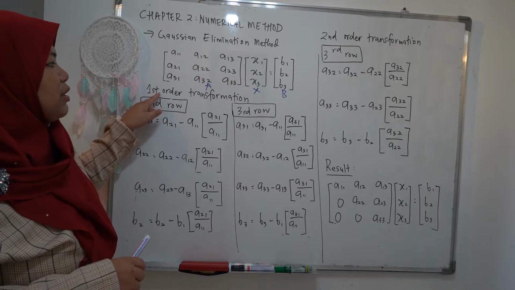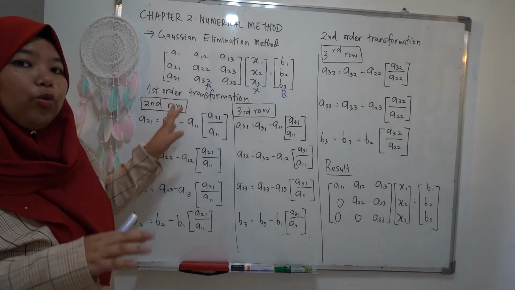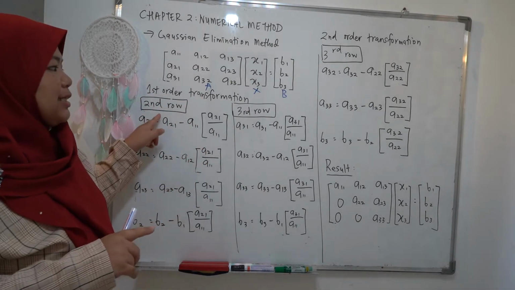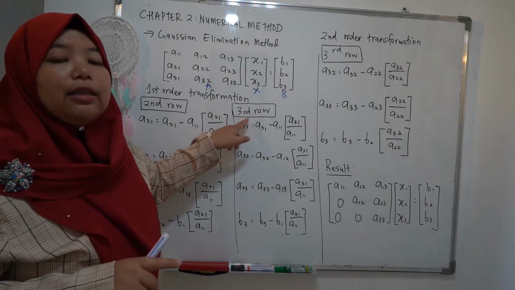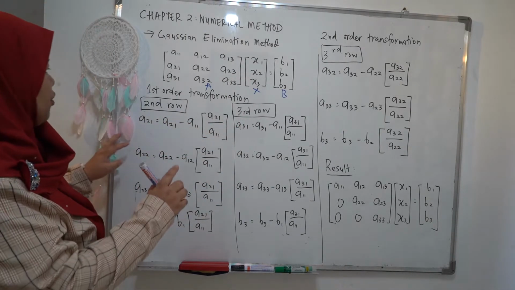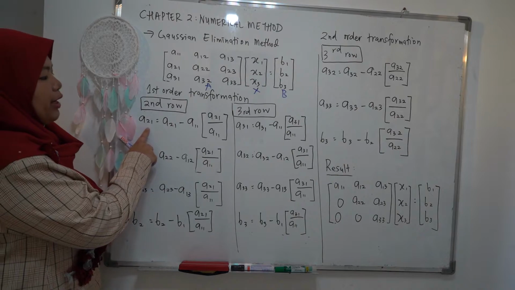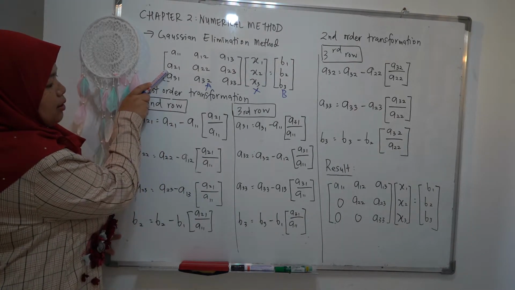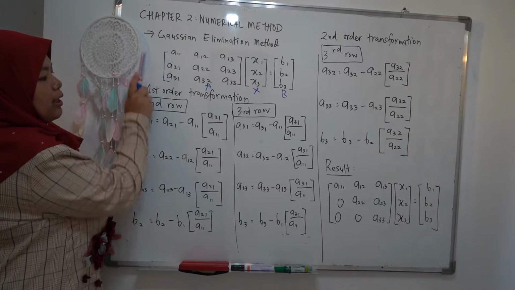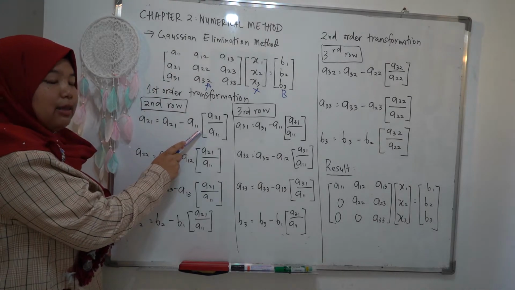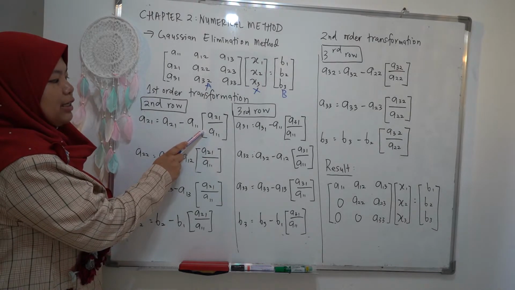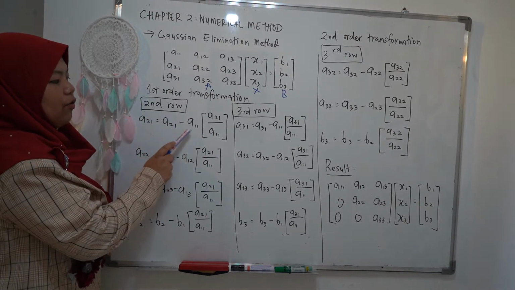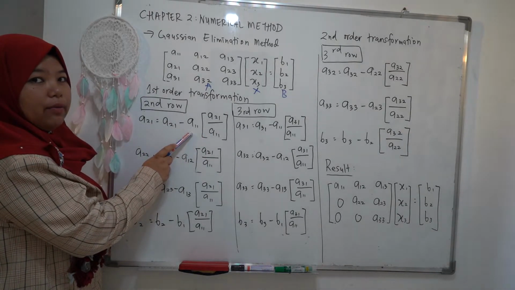For the first order transformation, we will change the numbers in the second row and the third row. For A21, the pattern is A21 minus A11 times the number itself, times A21 over A11.